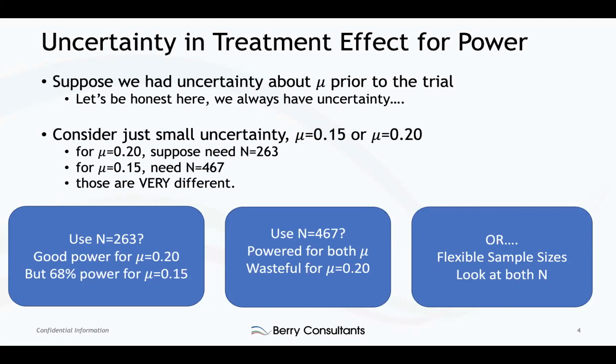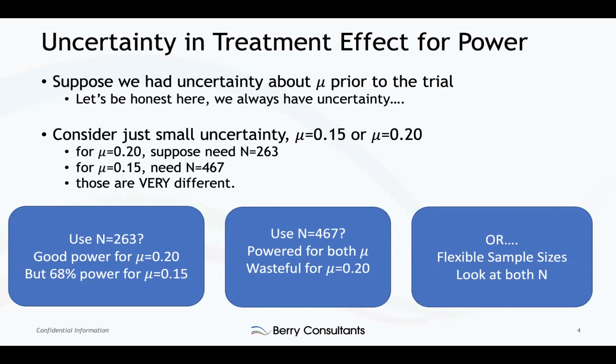And so this would be a big choice if you were designing a fixed trial. Do I do 263? Well, then I'm well powered for 0.2, but 0.15 is a meaningful effect. I'll still benefit patients. There's a market for my drug, but the power is only going to be 68%. That's a little bit low for me.